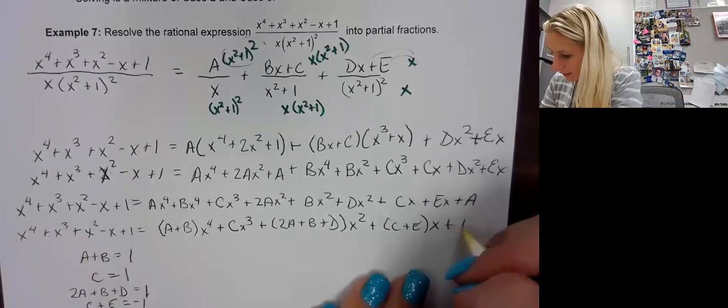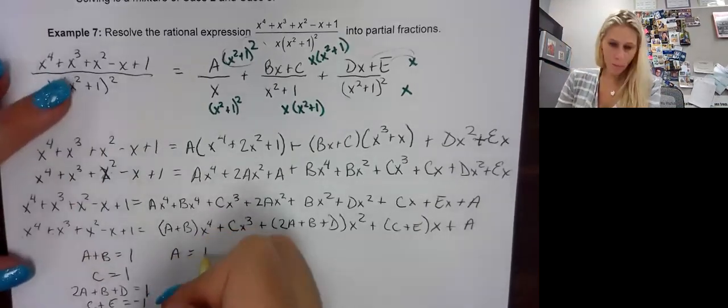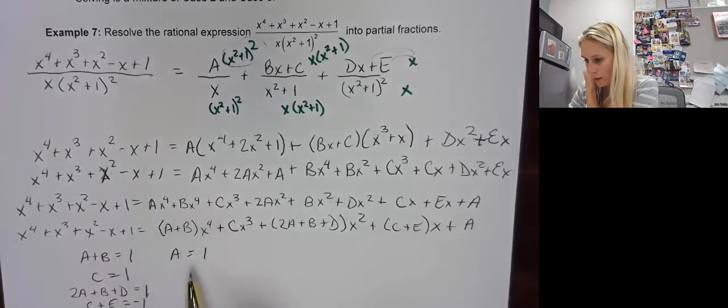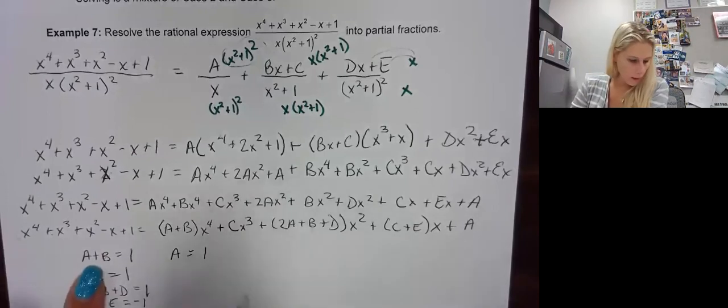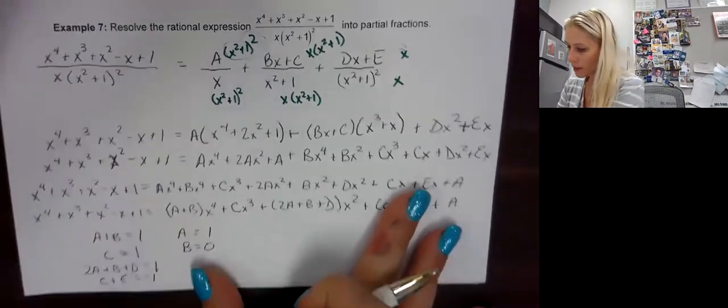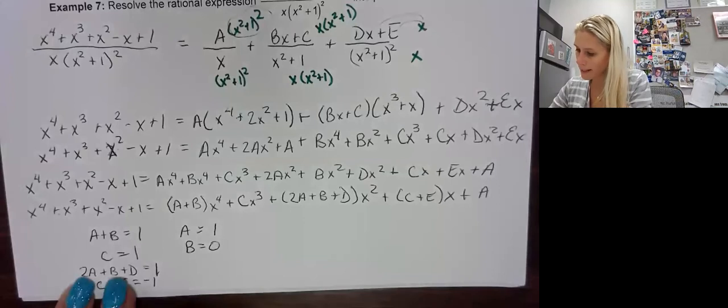And a is 1. Well, that's nice, right? Because we have a is 1. Well, if a is 1, b must be 0. Okay. Now, if A is 1 and B is 0, so that would be 2 plus what is 1?